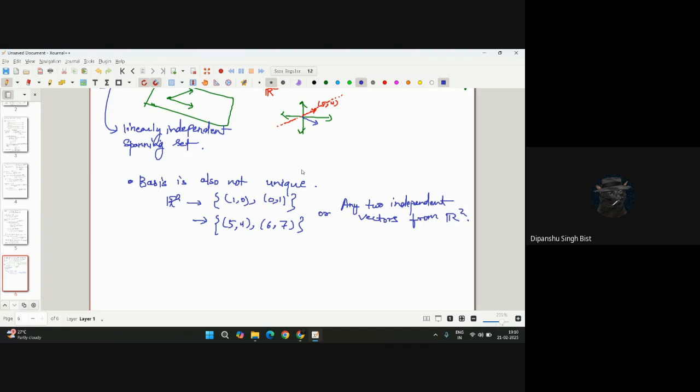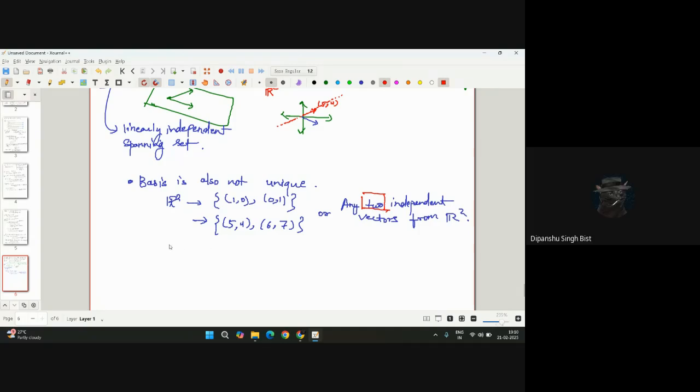Though you can have different sets being the basis, all the sets which are bases will have the same cardinality. Cardinality being the same means the number of vectors they contain is the same. So even though I can take any two independent vectors from R2, I cannot restrict which vectors I take, but I have one restriction: the cardinality can be two only.